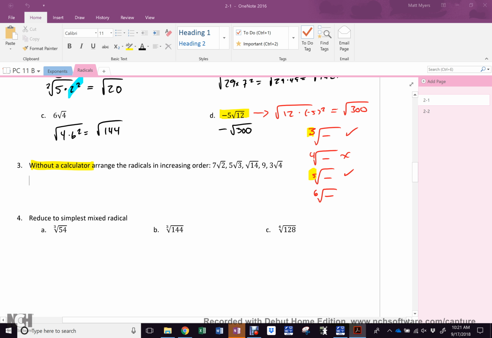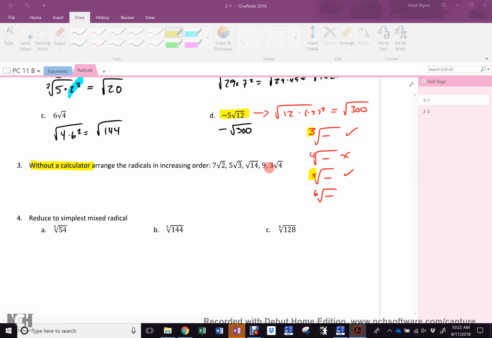Anyone? You have the answer, but you don't have a method. You must have done something to get an answer. You can't just go, I turned the coefficients into... yeah, so you had a method, right?